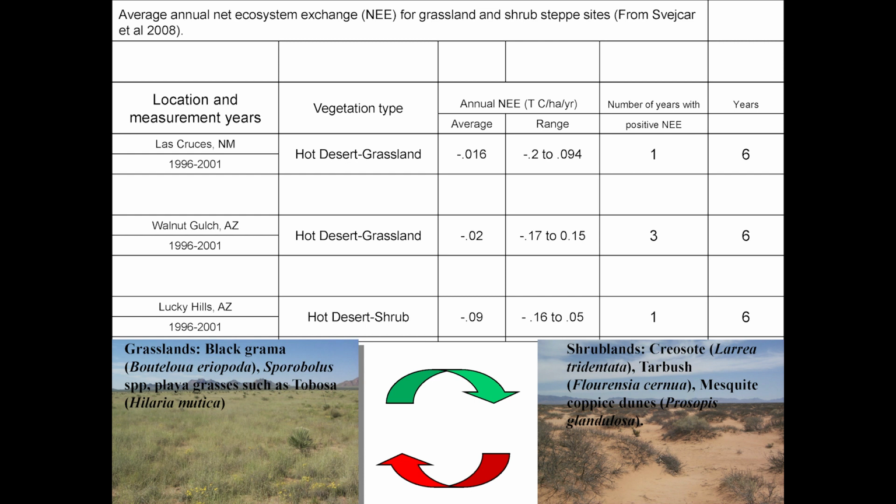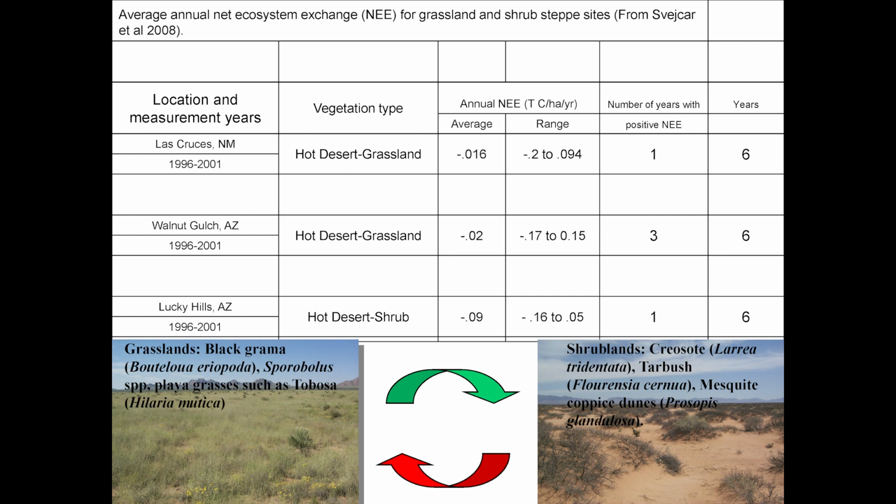Annual net ecosystem exchange, the amount of carbon that moves between the soil and the atmosphere. And it's one of those places where I think they reported it in grams per meter square, and I converted it to tons of carbon per hectare. So feel free to go back to the original publications and do your own calculations.